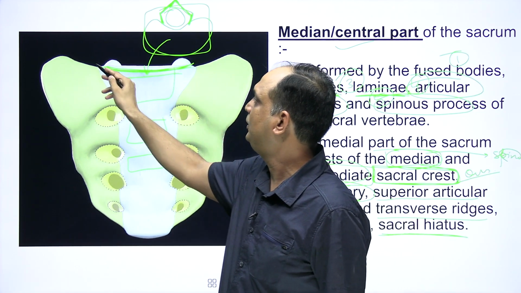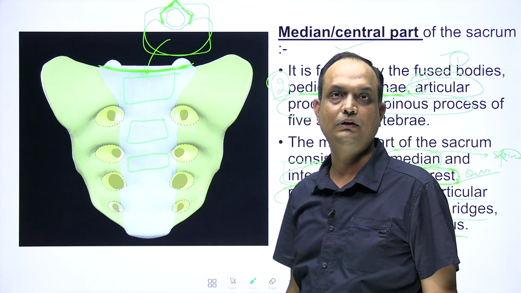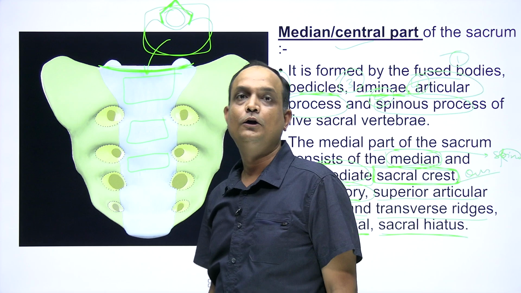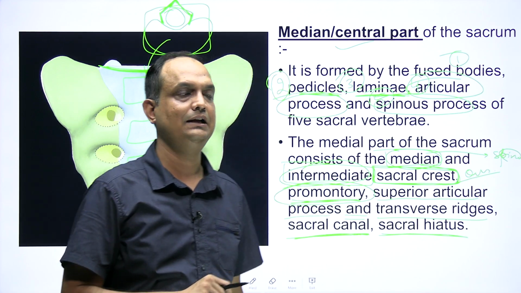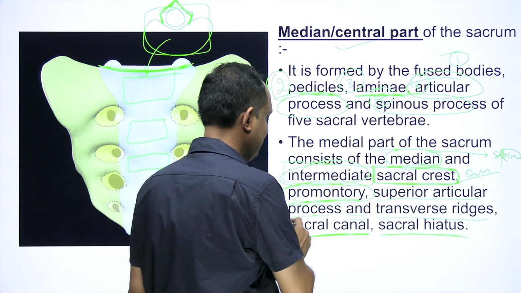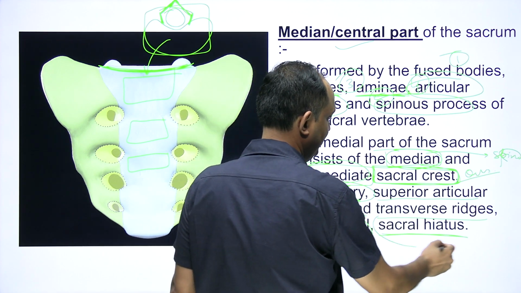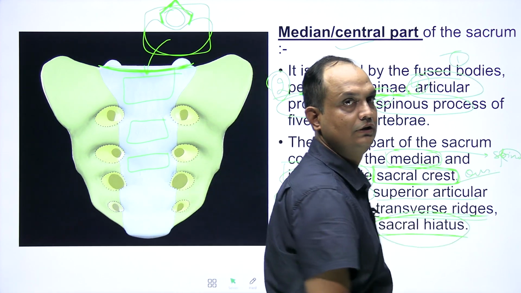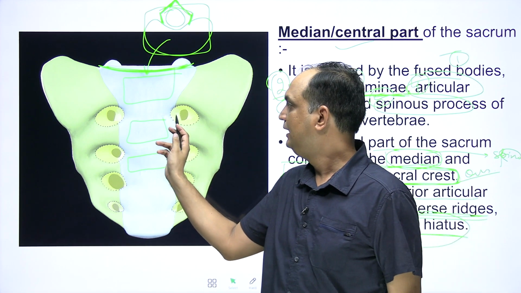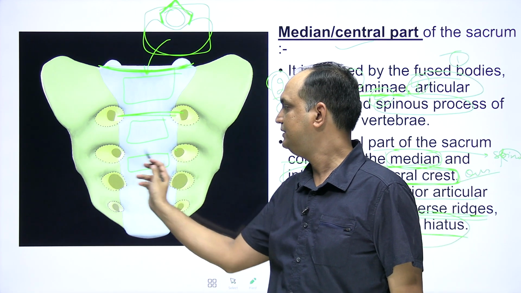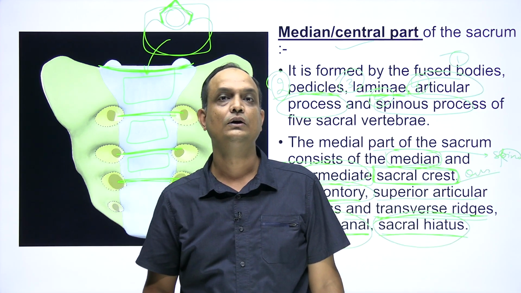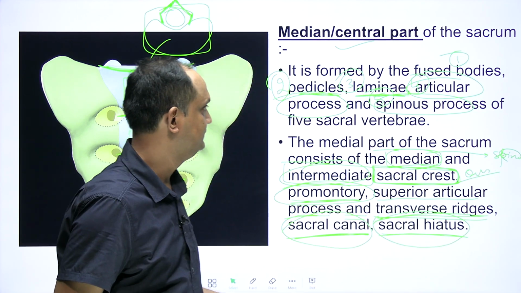This anterior border of your S1 vertebra is known as the sacral promontory. Now posteriorly, when you see the sacrum, you will find the sacral canal which opens into the sacral hiatus. And what are the transverse ridges? Transverse ridges are here, and these transverse ridges represent the site of fusion of vertebral bodies.